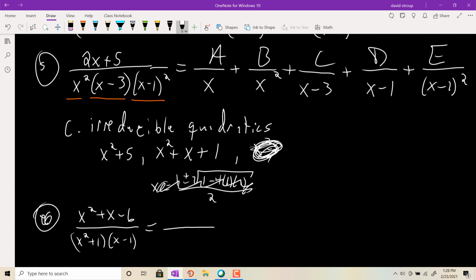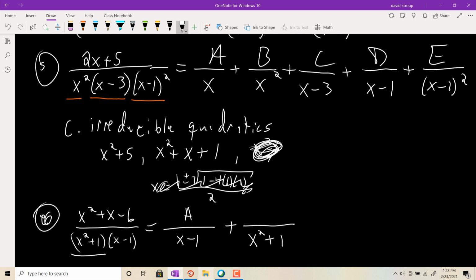Okay, so I need a fraction for x minus 1. And that just works like we trained you to do it above. Okay, so you need a all over x minus 1. Then what you're going to do for the irreducible quadratic factor, which is this guy here, x squared plus 1, you're going to give it its own denominator, its own fraction.